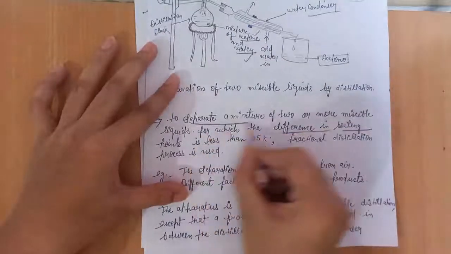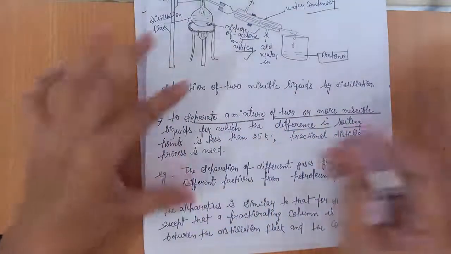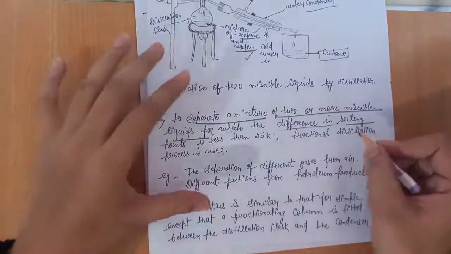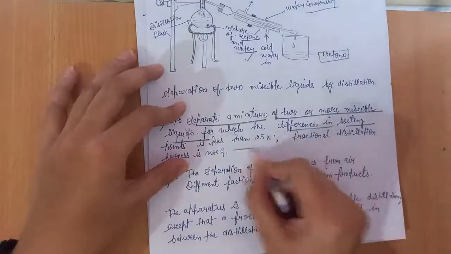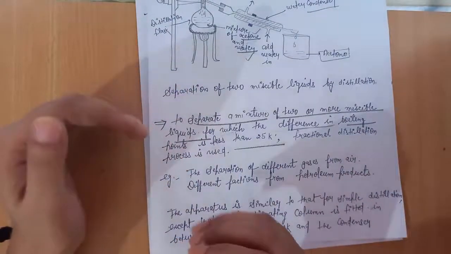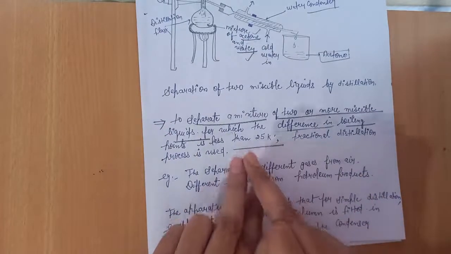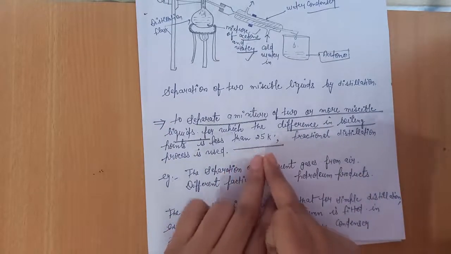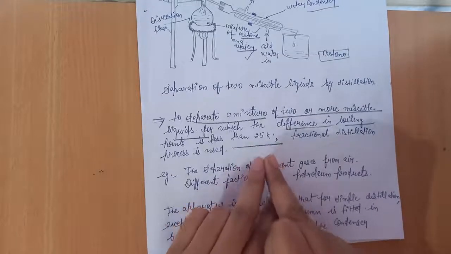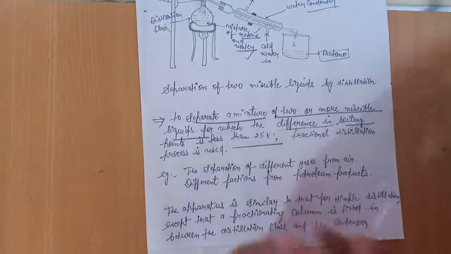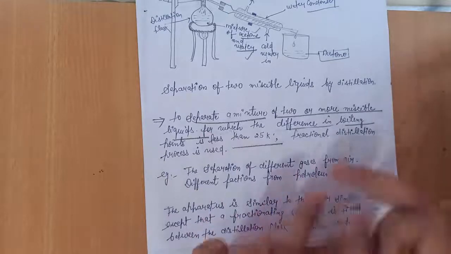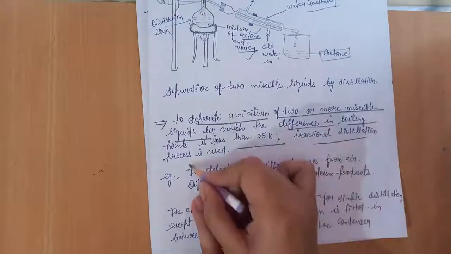And to separate a mixture of two or more miscible liquids for which the difference in boiling points is less than 25 Kelvin, in that condition we use the fractional distillation method.